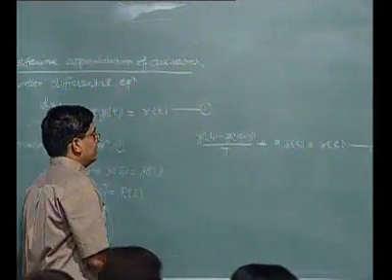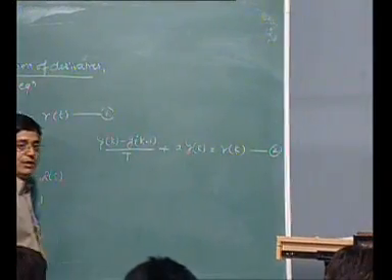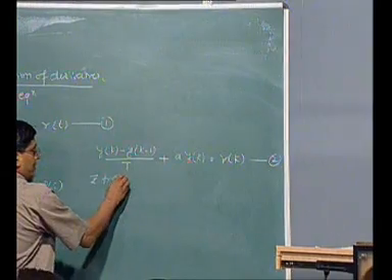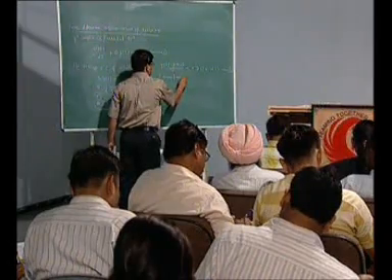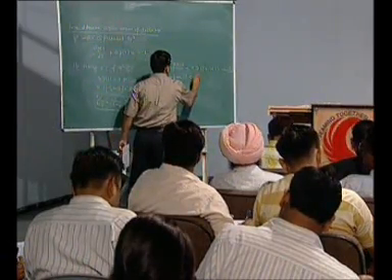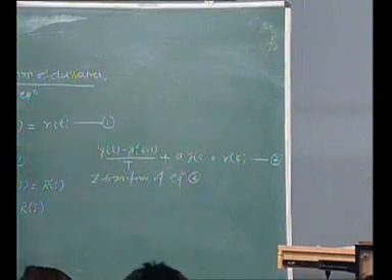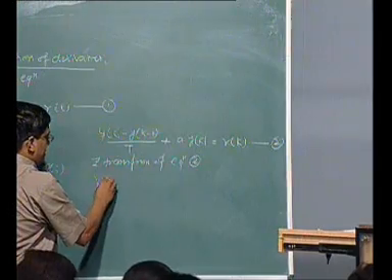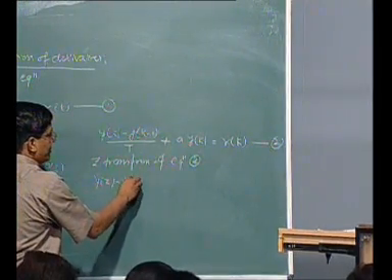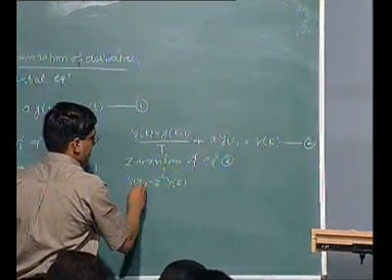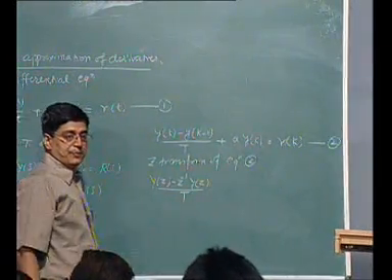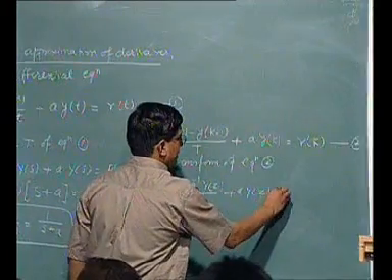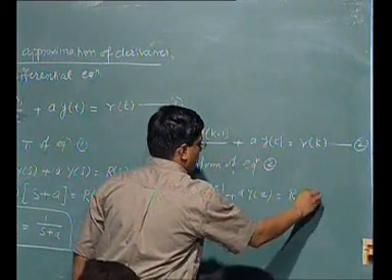Now, take the Z transform of equation 2. That is Y(z) minus z inverse Y(z) upon T plus a Y(z) equals R(z).